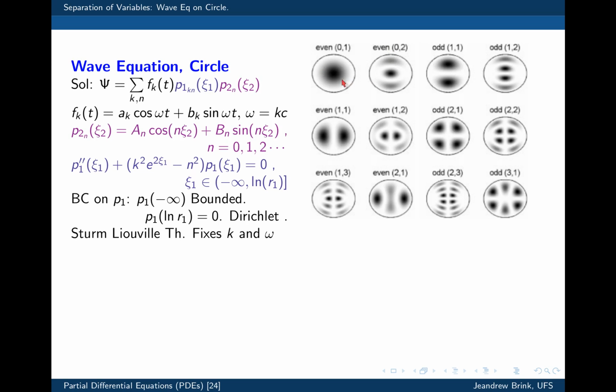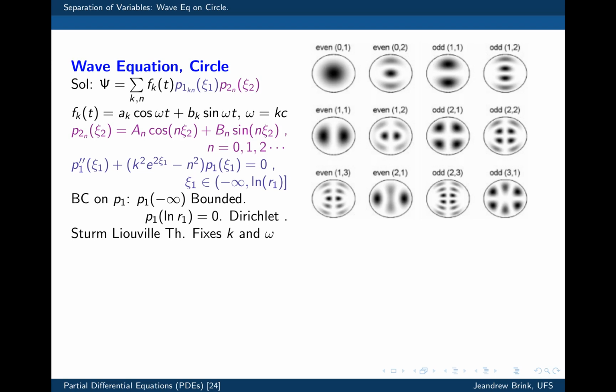Okay, so for an n and a k, you're going to have a different shape of your drum, and that pattern is going to vibrate with a different frequency. So when you look at drummers, they have different ways of where they hit the drum, especially Indian drummers.